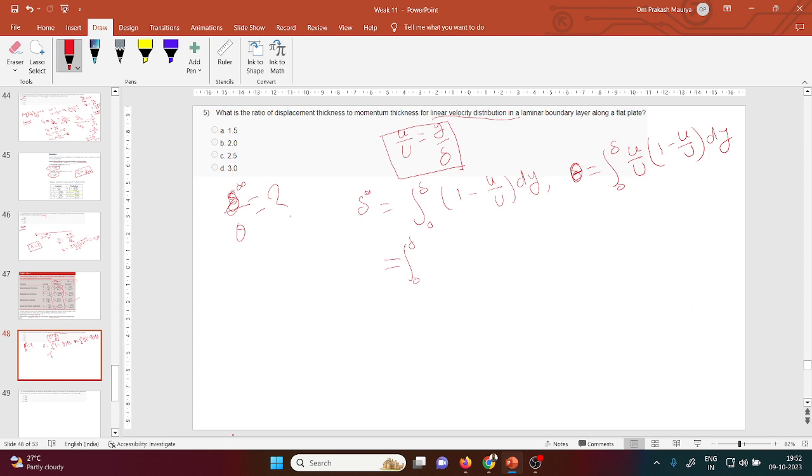For delta star, the integral from 0 to delta of 1 minus y by delta dy, and for theta, the integral from 0 to delta of y by delta times 1 minus y by delta dy.